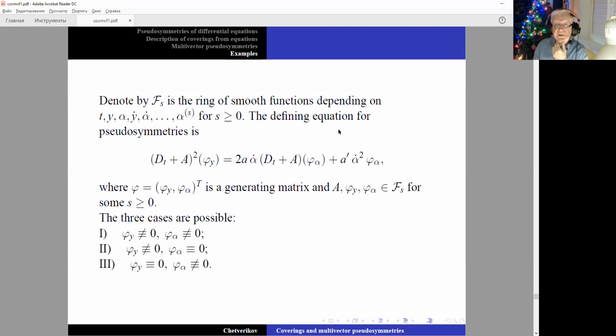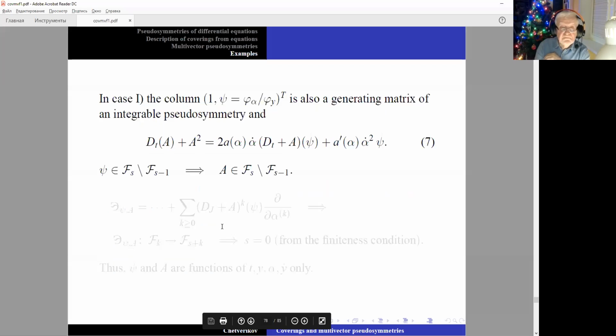The defining equation for pseudosymmetries is of this form, where phi is a generating matrix and A, phi I, phi alpha belong to Fs for some S. Three cases are possible. In case one, the column is also a generating matrix of an integrable pseudosymmetry.